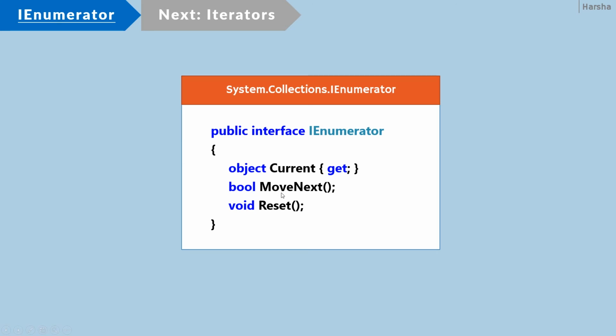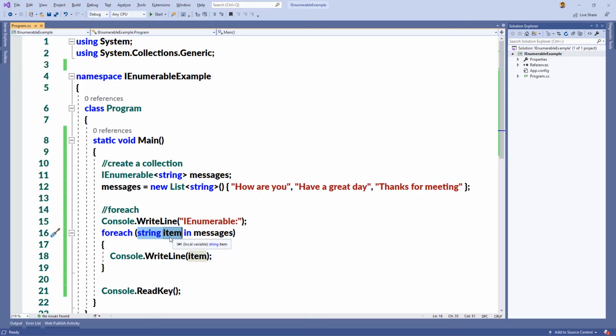So, because of the first call of the MoveNext method, the record pointer points to the first element of the collection. That means element at 0. And that particular element at 0 position will be assigned into the Current property automatically. And the value of the Current property will be assigned automatically into the variable of for each loop. This is how the item variable gets the value from the particular collection.